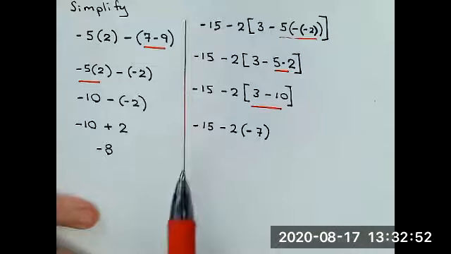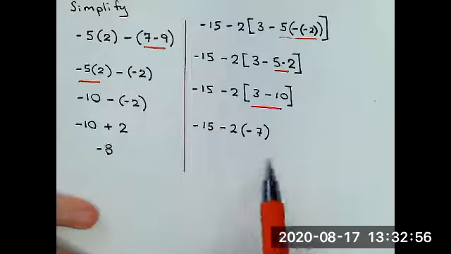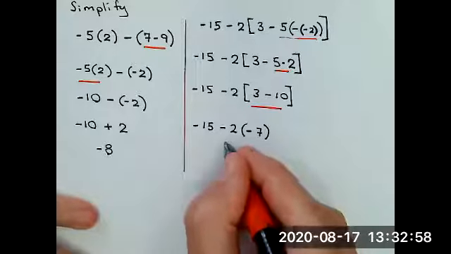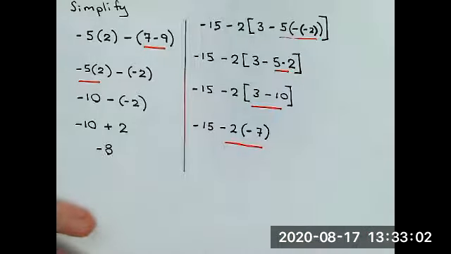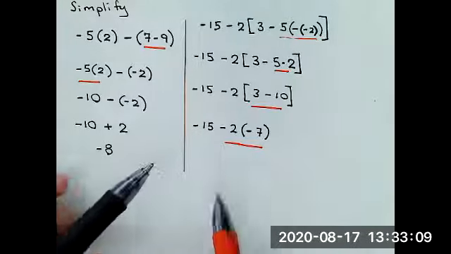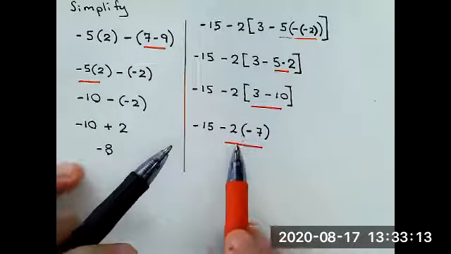All right. So these are being subtracted, and these are multiplied. So you want to do negative 2 times negative 7. And then let's take a moment before we write the next step. So negative 2 times negative 7 is 14.